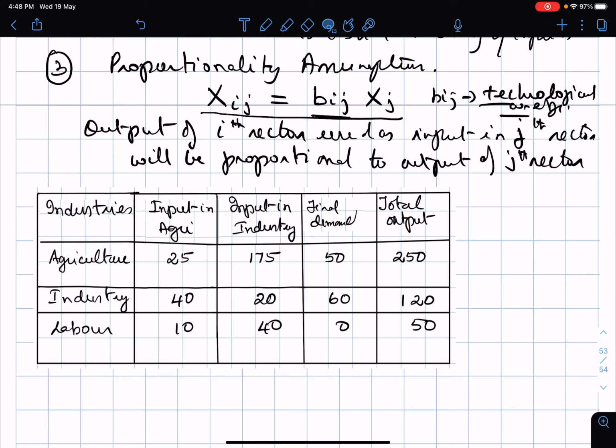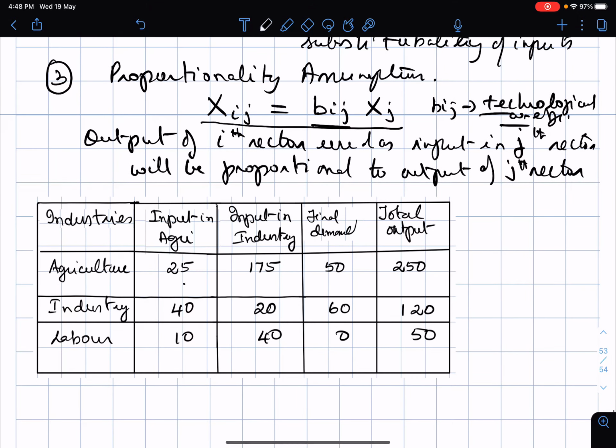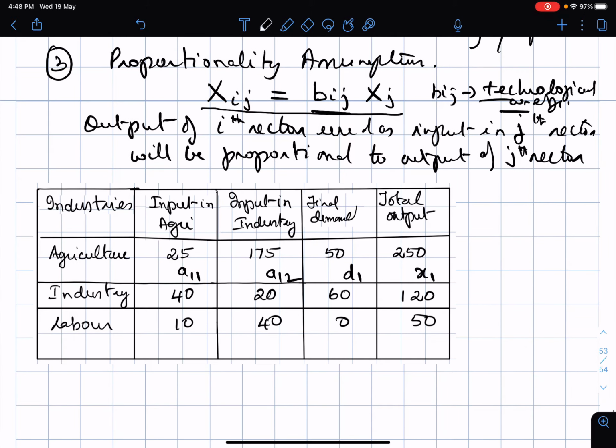Here we have input in agriculture, input in industry column wise, final demand and the total output. Now if you see, this total output is distributed here. If you name this as A11, and this is A12, and this is our demand D1, and this is our X1. Similarly here this will be A21.